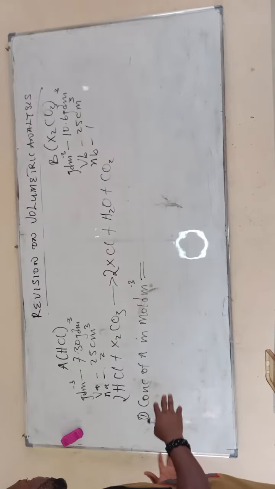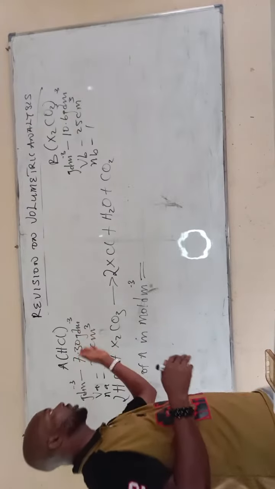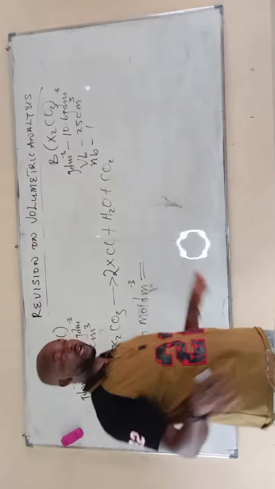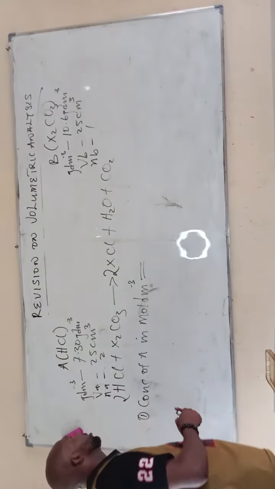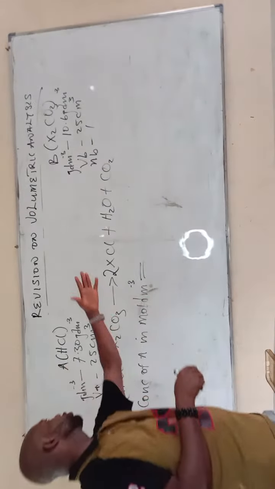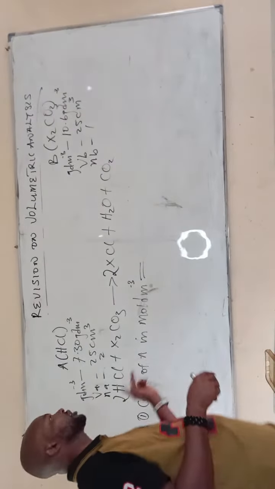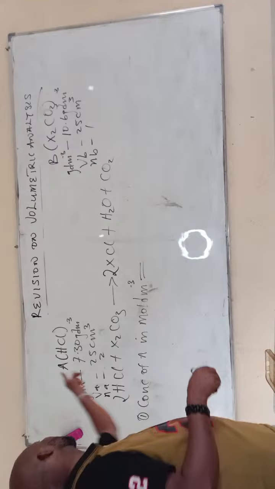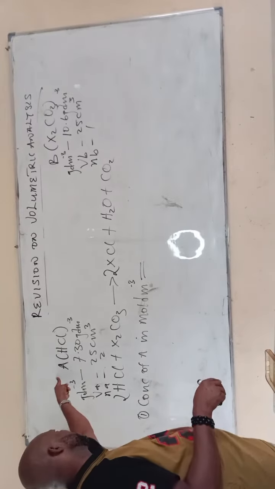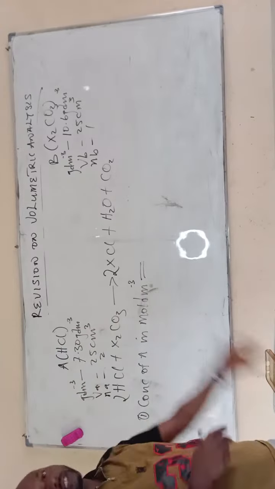Remember, we say we can use CAVA to get that, but the concentration of the acid is not given, that of the base is not given, so that formula cannot be used. Now, molar concentration, which is also amount over volume, there is no amount given. And the same molar concentration is mass concentration over relative molecular mass. So the mass concentration of the acid is given here. The relative molecular mass can be gotten from it. So that is the formula we can use.